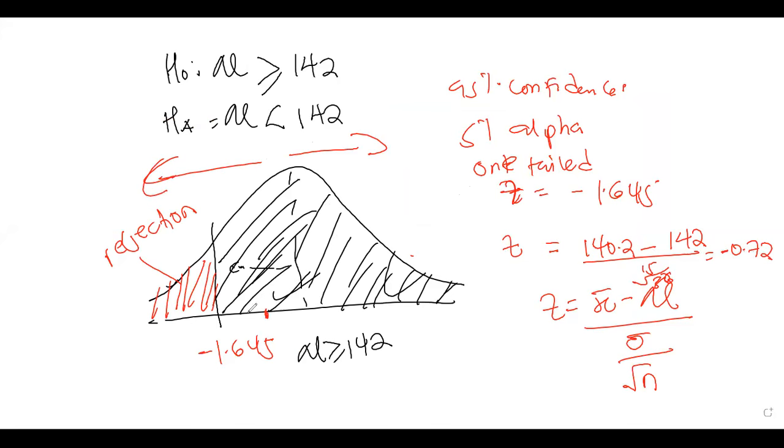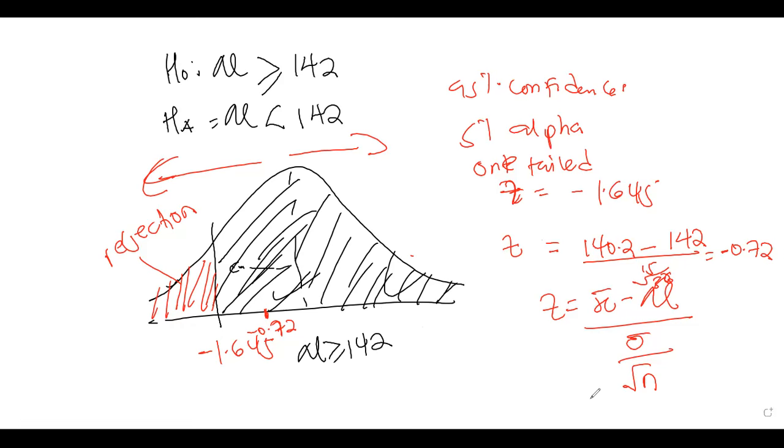So negative 0.72 will be in the acceptance region. So it means that we will accept the null hypothesis, because it is in the acceptance region.